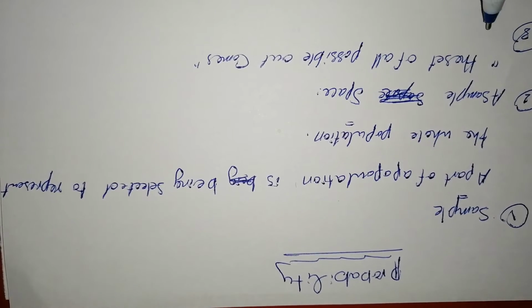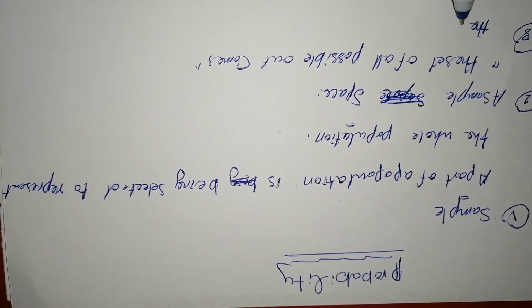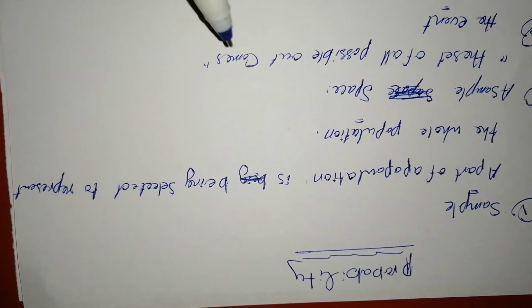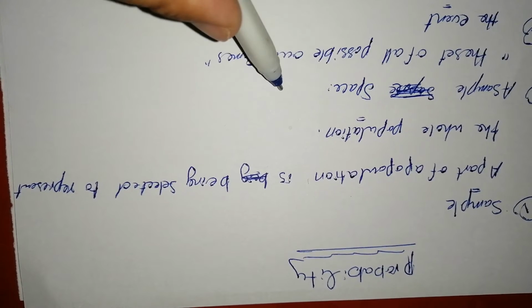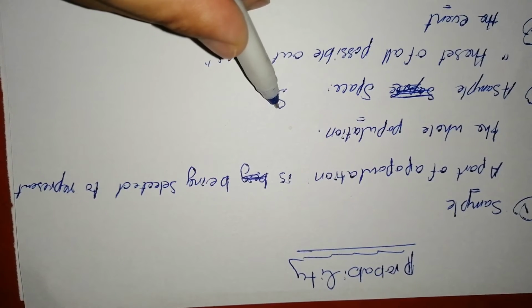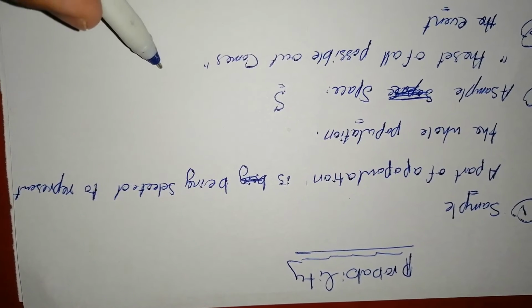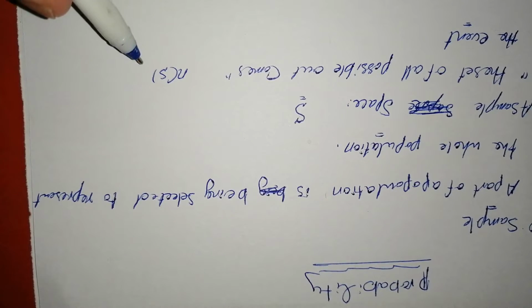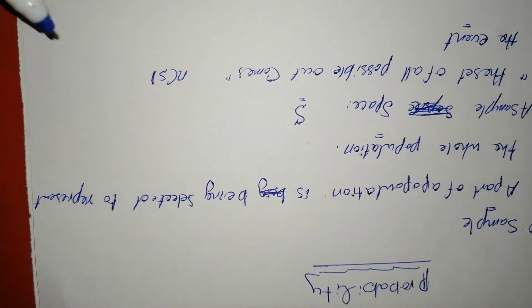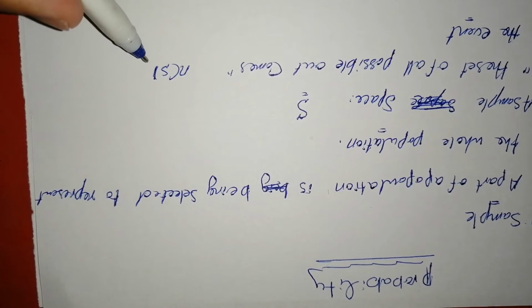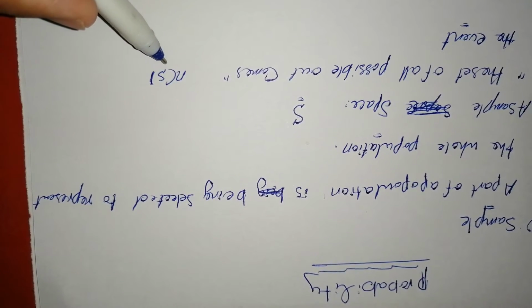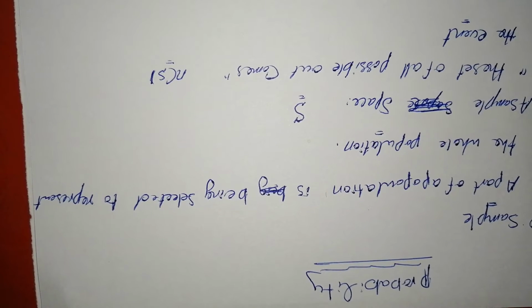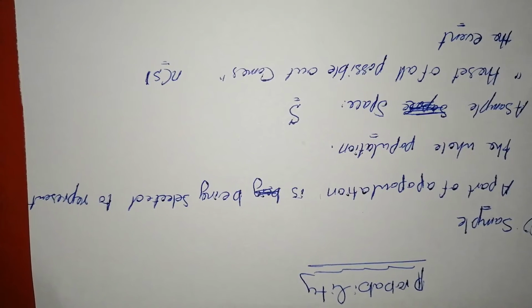Number three, the event. But we want to talk about sample space before talking about the event, and we can simplify the sample space by the letter S, and then n of S denotes the number of elements of the sample space. That's very good. What about the event?